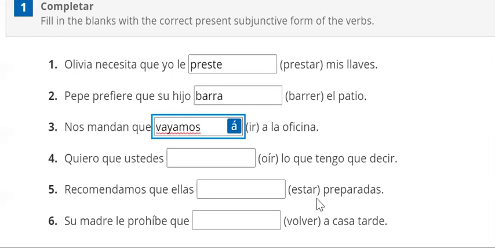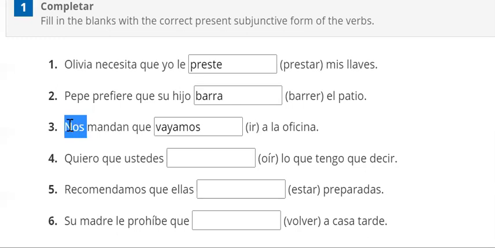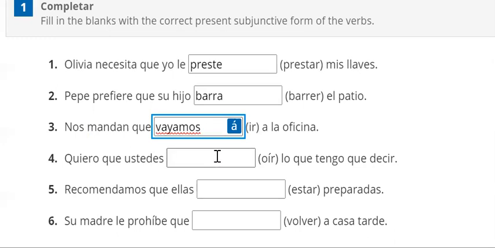Vayamos is our verb because we're in the nosotros form, and we only know that because of the nos object here. The object pronoun is nos, which tells us that the subject of the subordinate clause is nosotros. And that actually will work for all these verbs of communication: ordering us, recommending to us, forbidding us, telling us to do something.